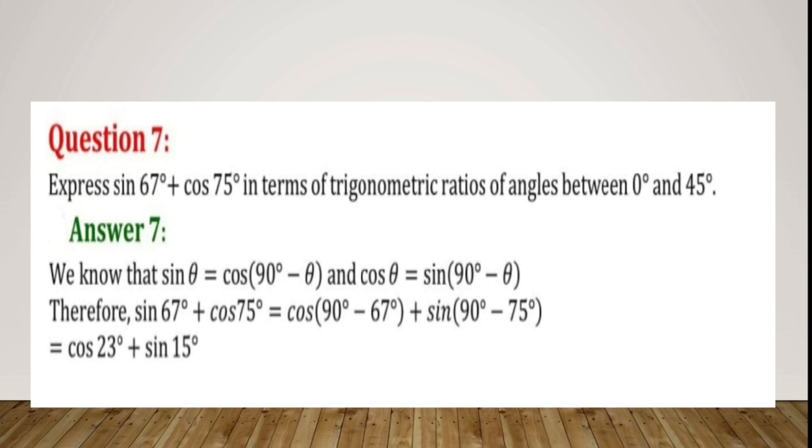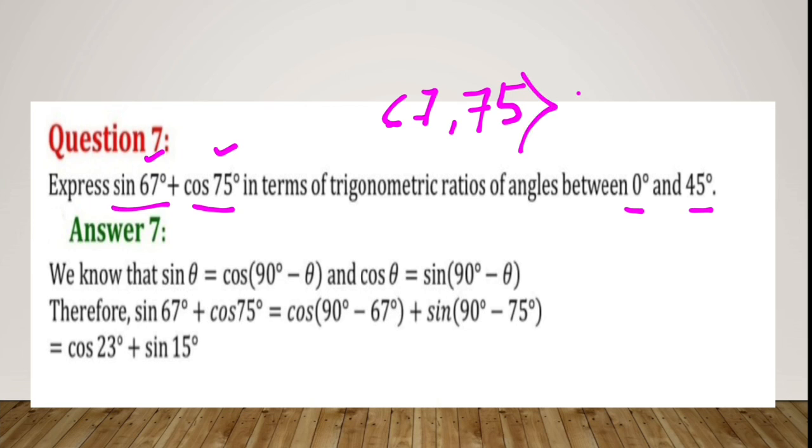Now question number 7. Express sin 67 degree plus cos 75 degree in terms of trigonometric ratios of angles between 0 and 45 degree. If you look at 67 degree and 75 degree, both are greater than 45 degree, right?